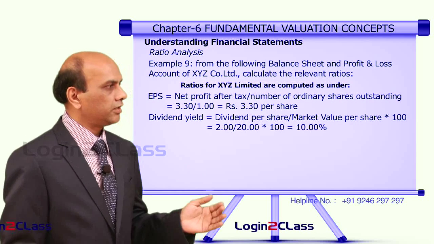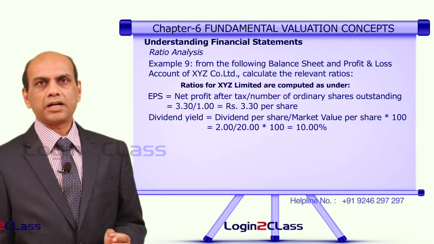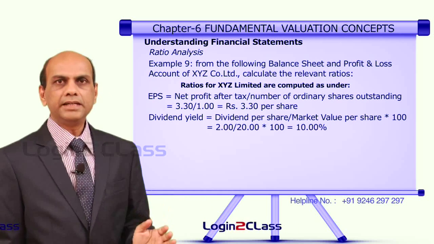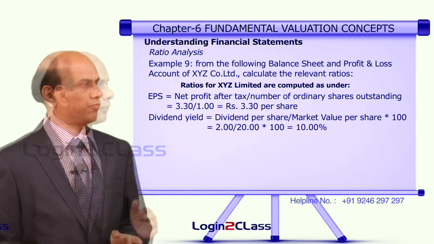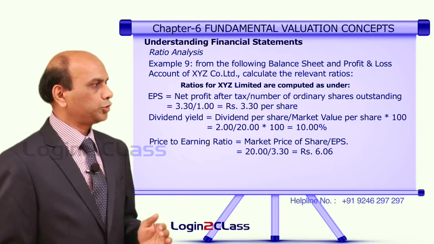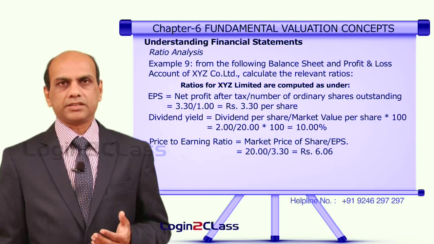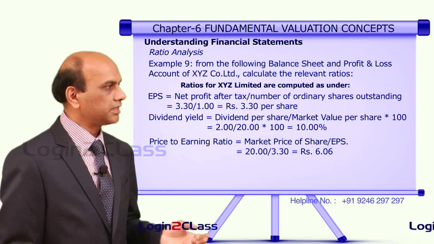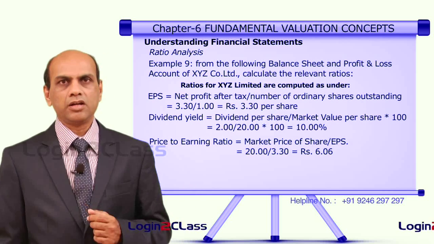So 2 rupees dividend divided by 20 rupees market value into 100 will give you 10% as the yield of this particular company. Price to earning ratio is market price of share divided by EPS. We know market price is 20 and we have calculated EPS as 3.3 per share.